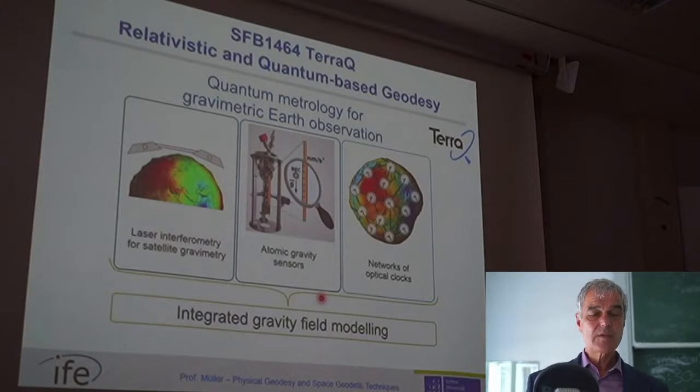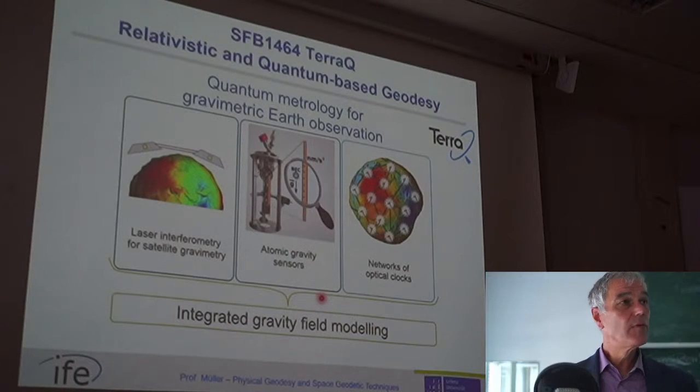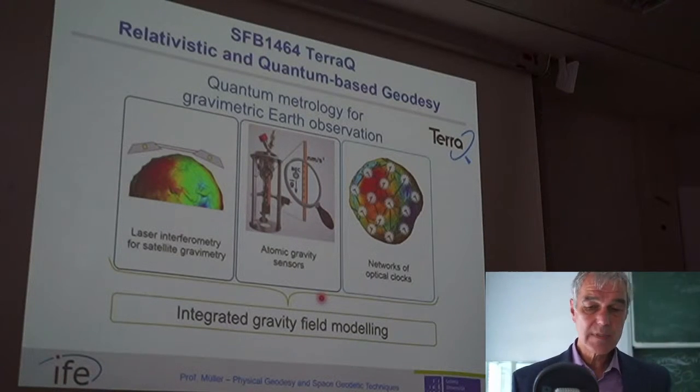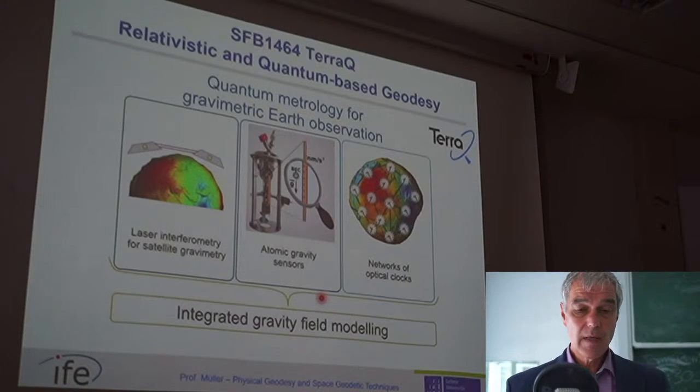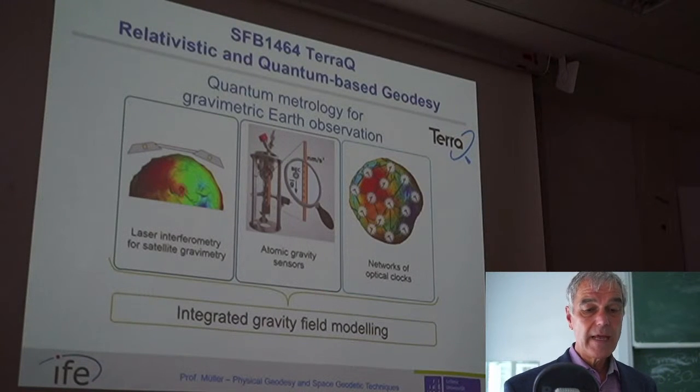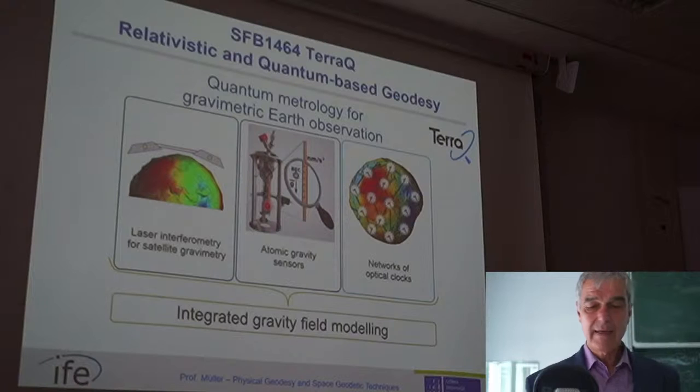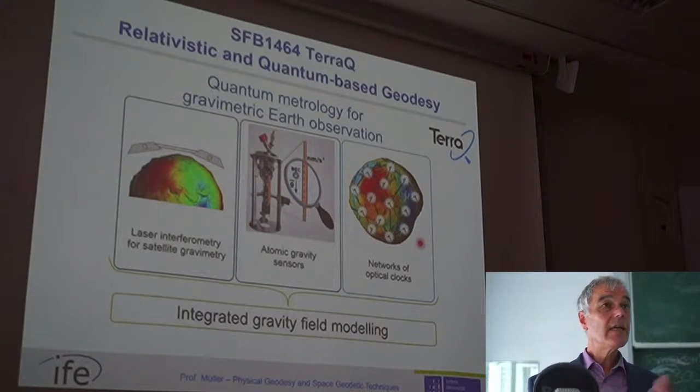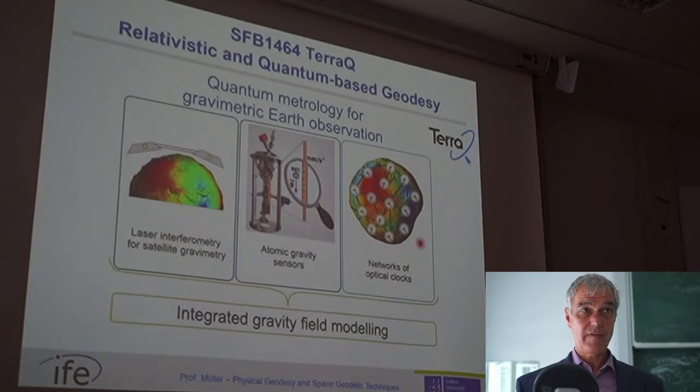And all these tasks are not only fulfilled by us alone, but also in combination with, for example, physicists. So we have big research programs like this TerraQ program, where we study new techniques to observe the gravity field from space, or new kinds of gravimeters to observe the gravity field on ground. And then a very special technique is that we also can use clocks, the ticking rate of clocks, to observe this gravity field.